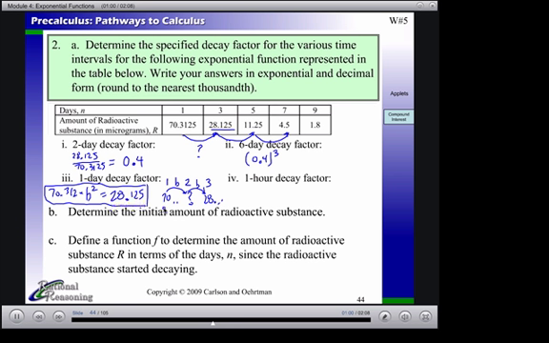If you can set those equations up, you really understand what's going on, because it's all about how growth factors work. This growth factor B, we need to multiply 2 of them times 70.3125 to get 2 days later, because we said B was the 1-day growth factor.